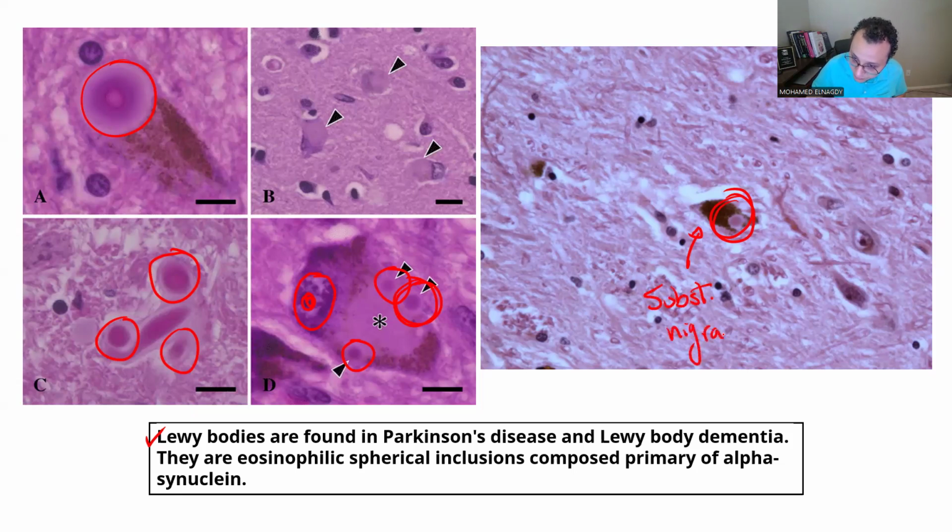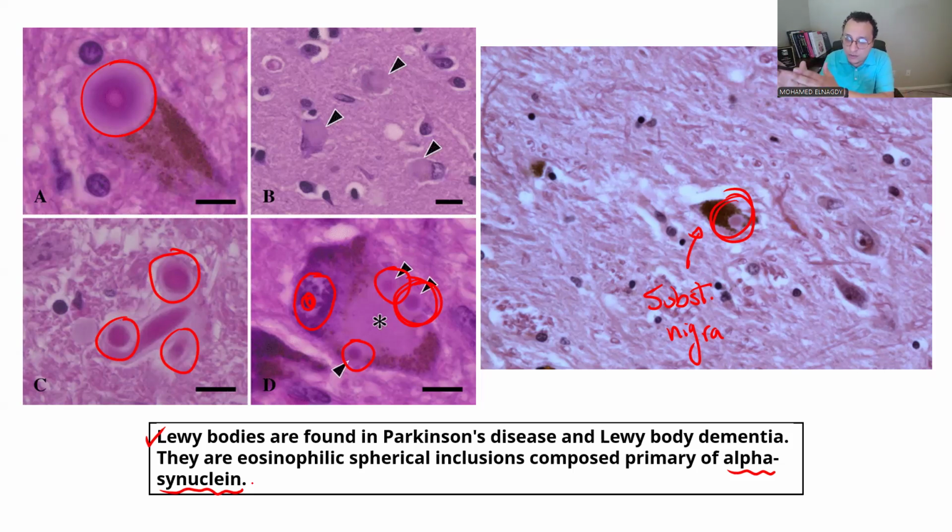These are the neurons of the substantia nigra, which degenerate because of aggregation of Lewy bodies, a misfolded protein aggregate. The protein is called alpha-synuclein. That's the misfolded protein which starts to accumulate inside the neurons of the substantia nigra, and they start to degenerate. When there's degeneration in the substantia nigra, you end up having low dopamine, and this is when you start to suffer from Parkinsonism.